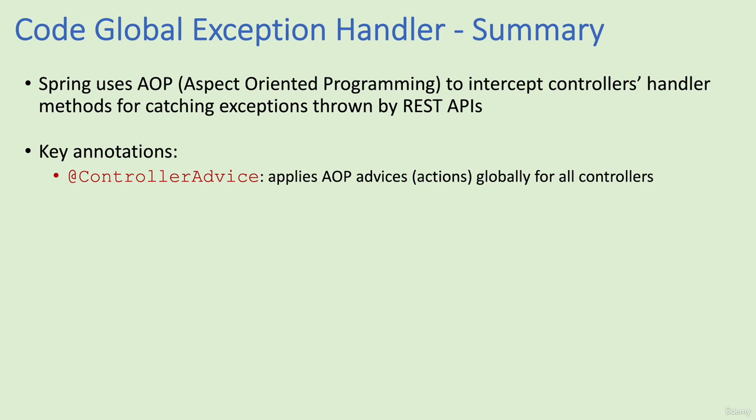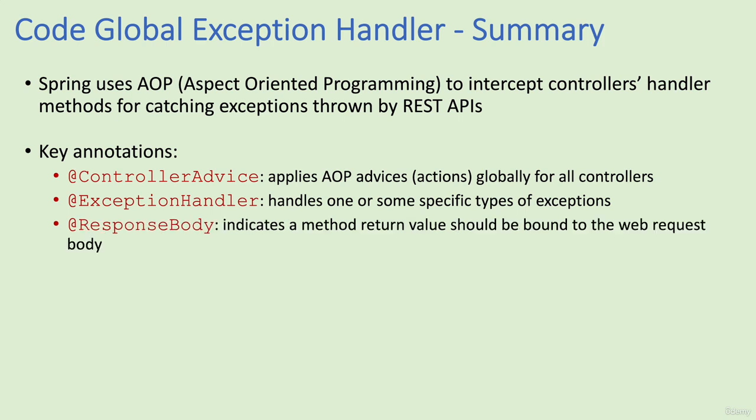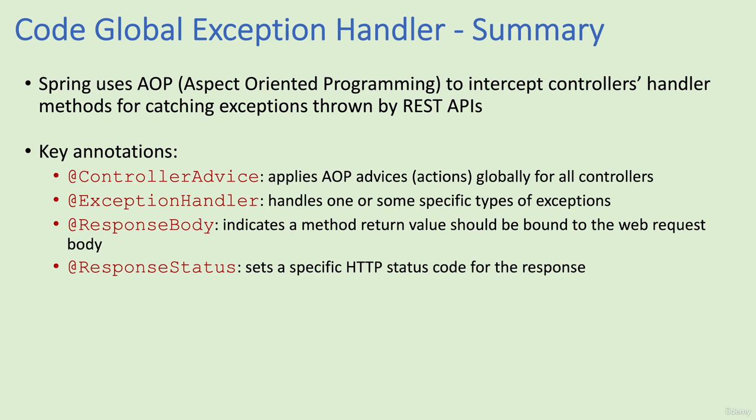This annotation applies AOP advices or actions globally for all controllers in the application. And we use the exception handler annotation that handles one or some specific types of exceptions. And we use a response body annotation to indicate a method return value should be bound to the web request body directly. And we use the response status annotation that sets a specific HTTP status code for the response.